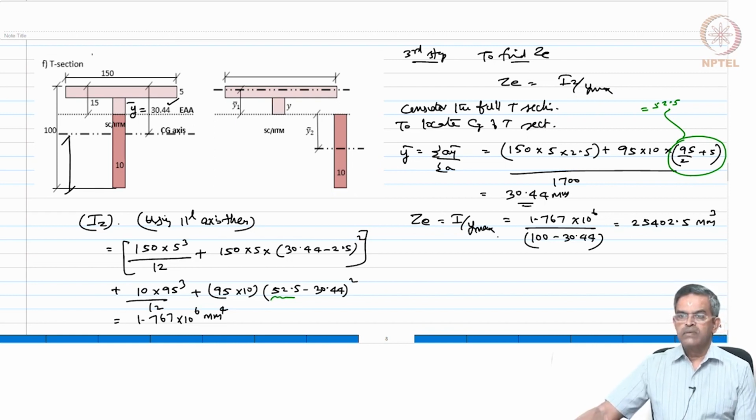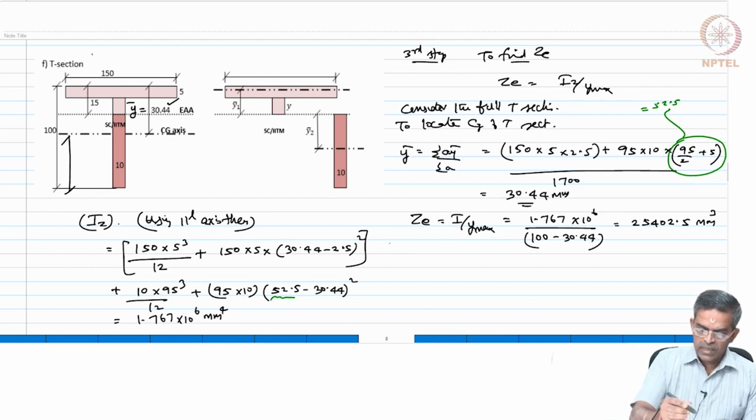So, now I have Ze with me. So, can I find the shape factor?